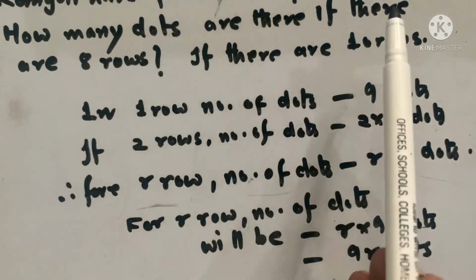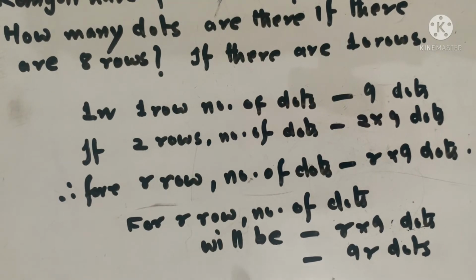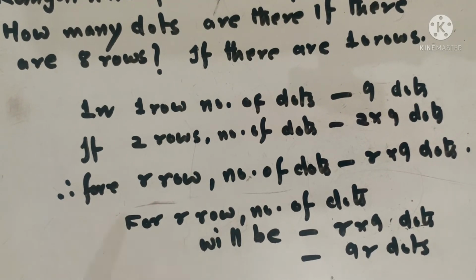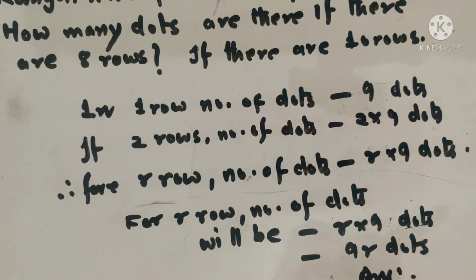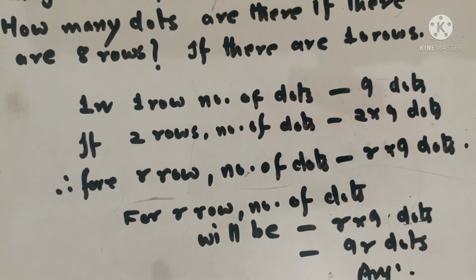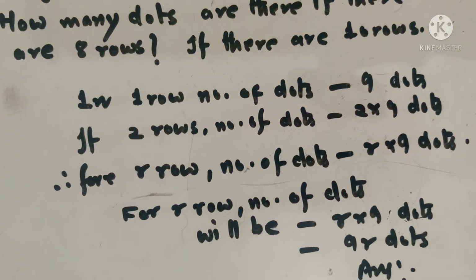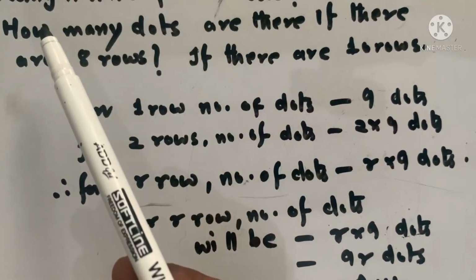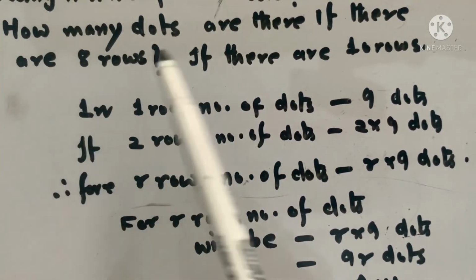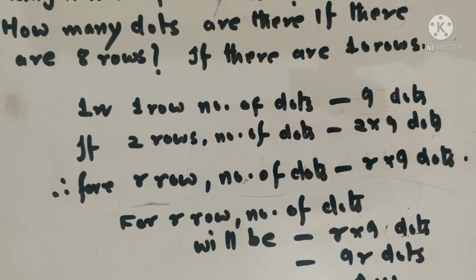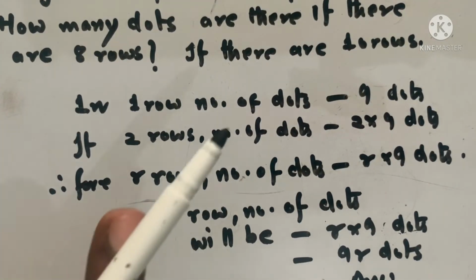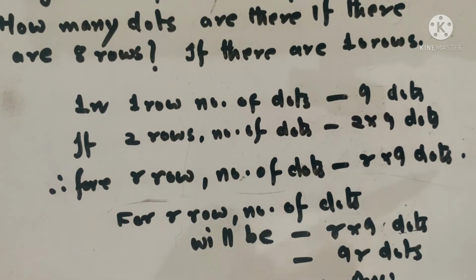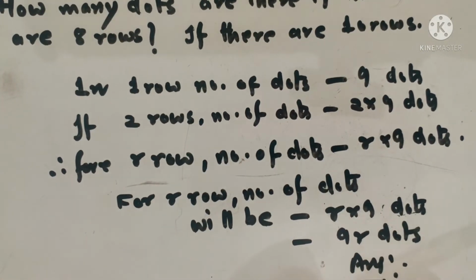Now we have calculated that if there are R rows, then dots will be R into 9 dots.